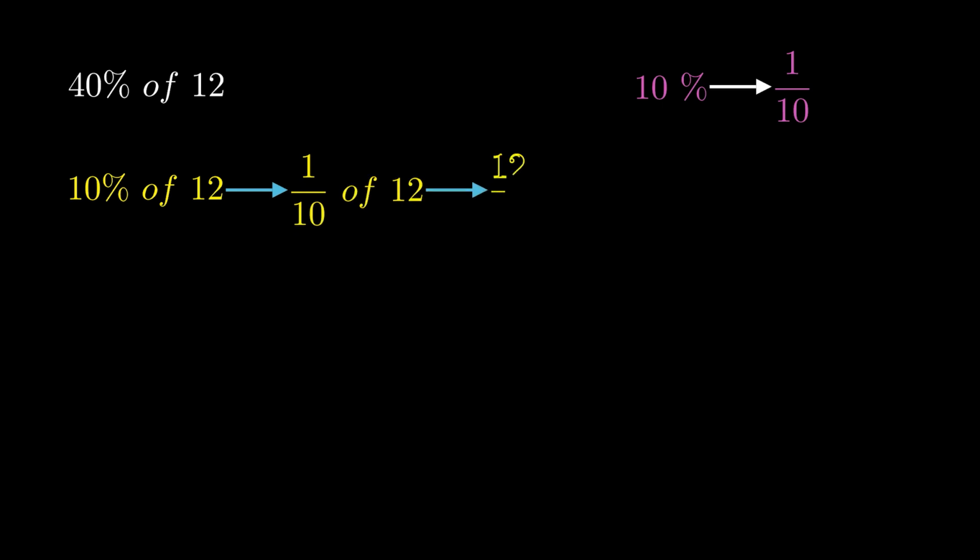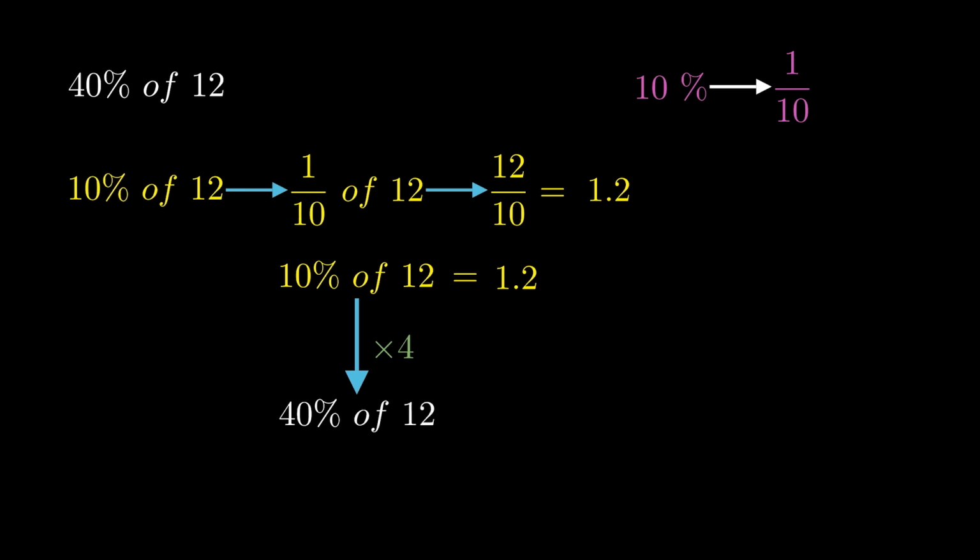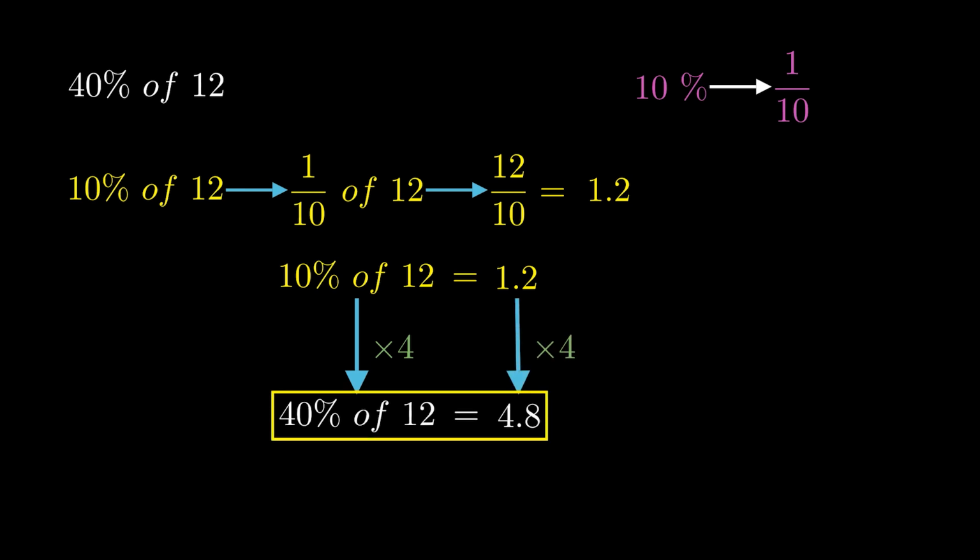If I divide 12 by 10, what will I get? 1.2. So 10% is 1.2. Now I want how much? 40%. So 1.2 times 4, that is 12 fours are 48. So the answer here is going to be 4.8. So that's it. Whether it involves decimals or not, if your logic is very clear, you can come up with the answers pretty fast and very comfortably.